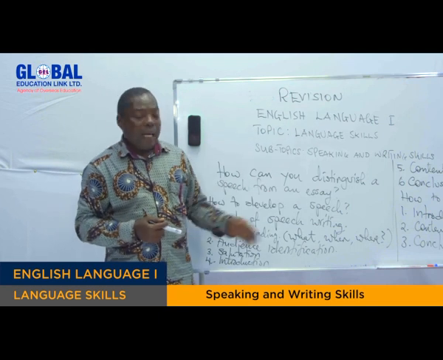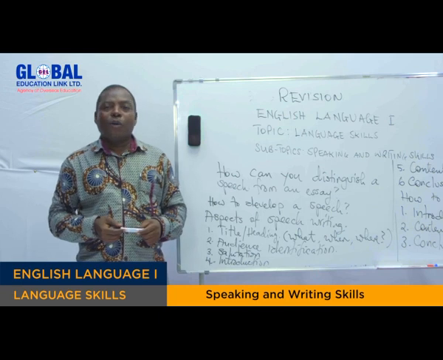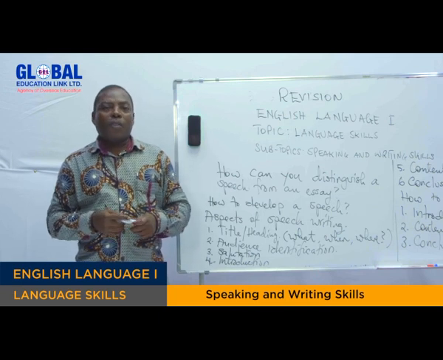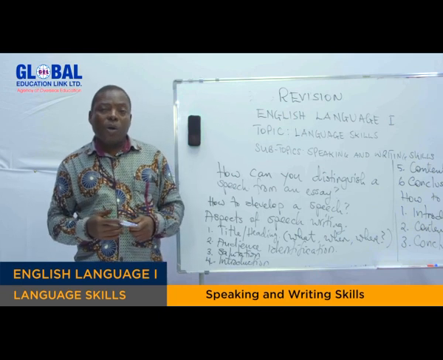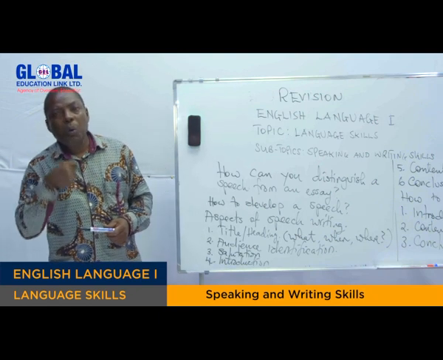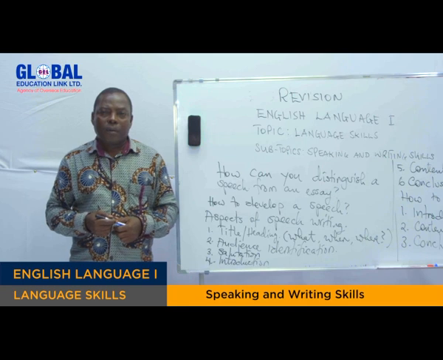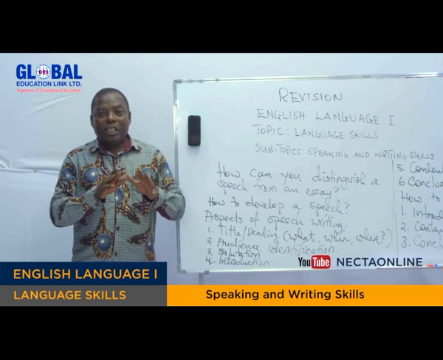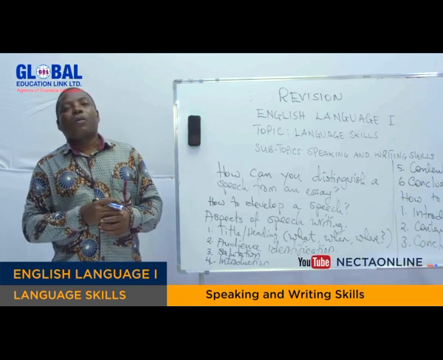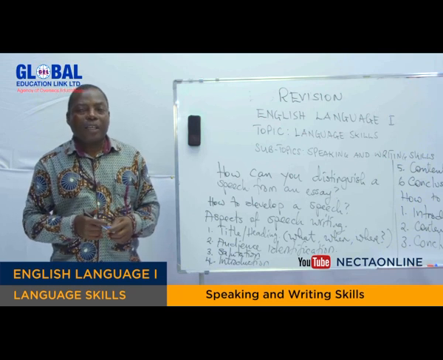But in essay writing, we don't have to start with audience identification. After all, we don't know to whom this message is for. So it is left without audience identification.